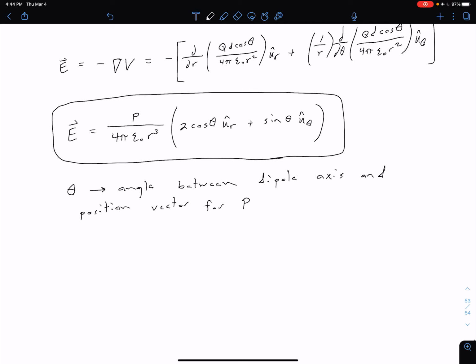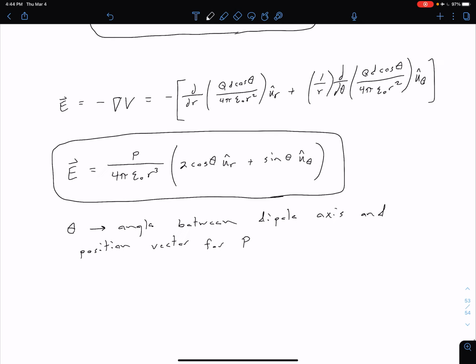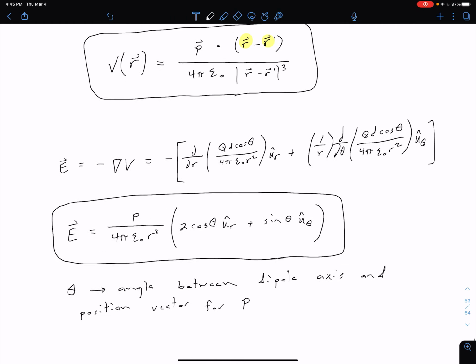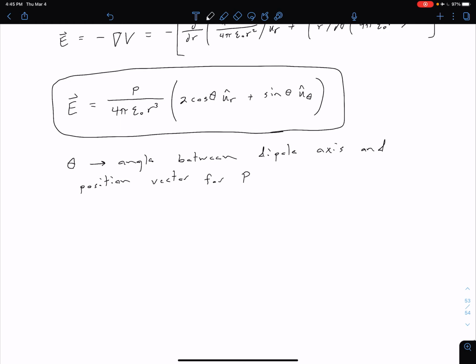And again, the r is just the distance between those two points, and up here the r vector is going to be the position vector for our observation point minus the position vector for our dipole. So again, keep in mind that the r and our theta are locally defined. These aren't our global r and theta from back in chapter 2 when we were looking at coordinate systems.